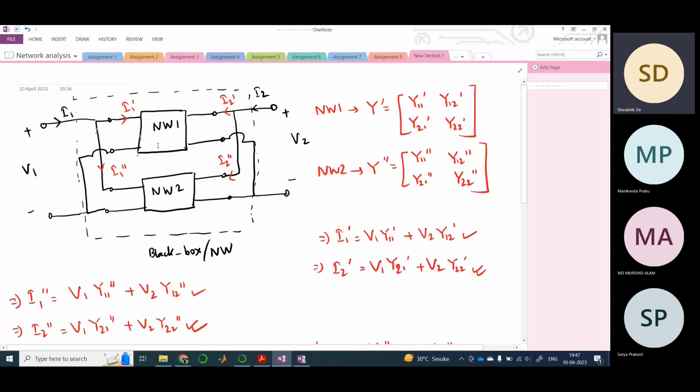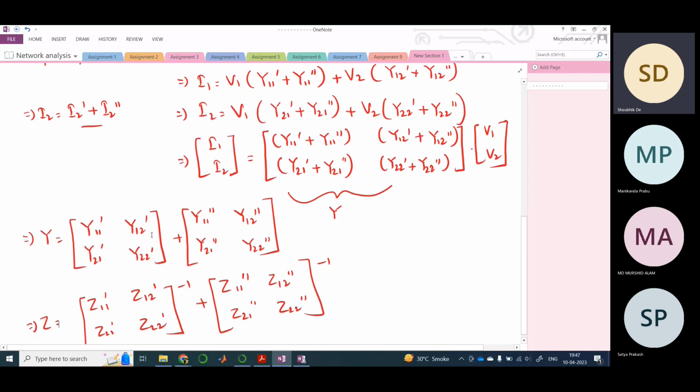Since this is a parallel circuit, current gets added, and that is why we have the Y parameters getting added. So this is the derivation.